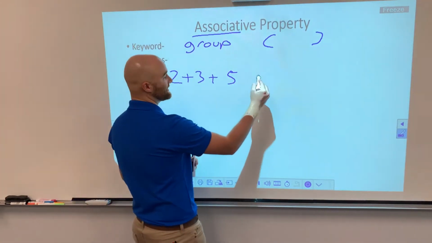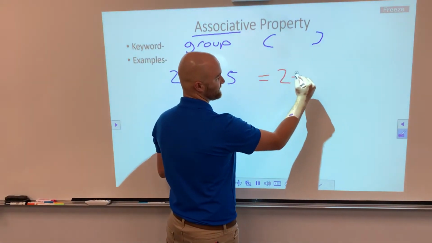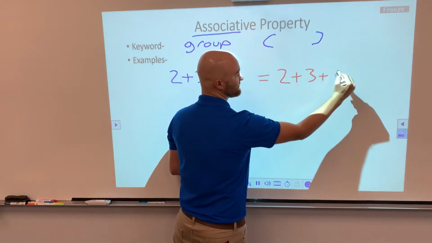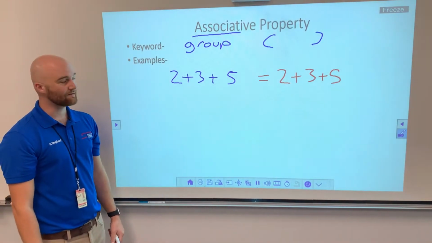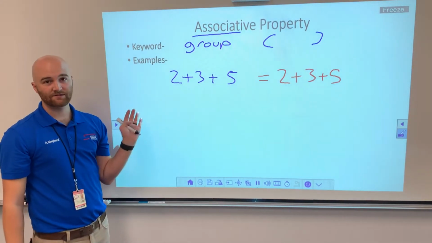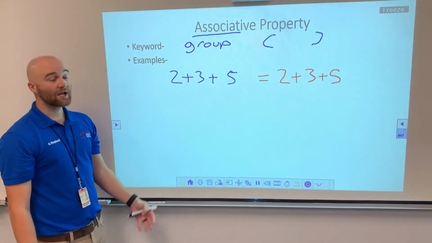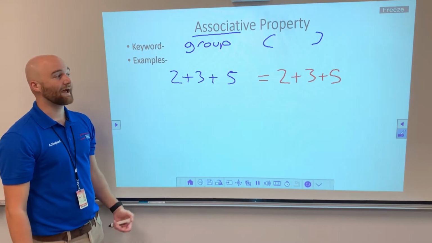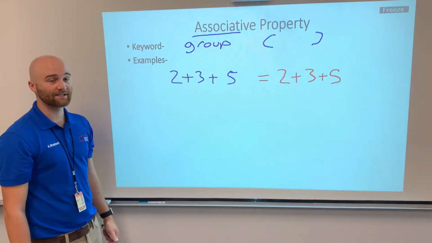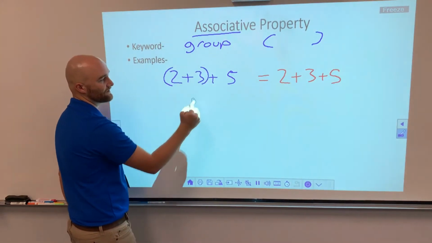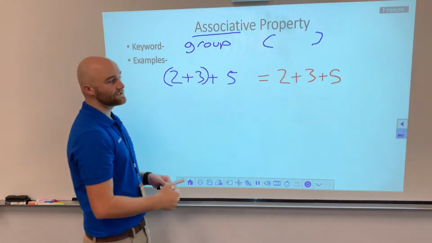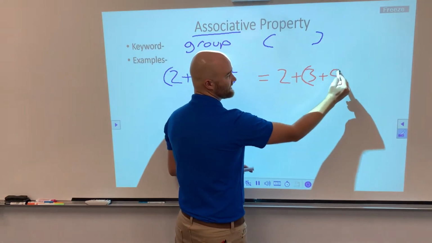Let's group it together in 2 different ways. 2 plus 3 plus 5, and I've got 2 plus 3 plus 5. Both sides are the same right now. I'm going to change these sides by having them grouped together slightly differently. On this side, I'm going to group together the 2 and the 3. And on this side, I'm going to group together the 3 and the 5.